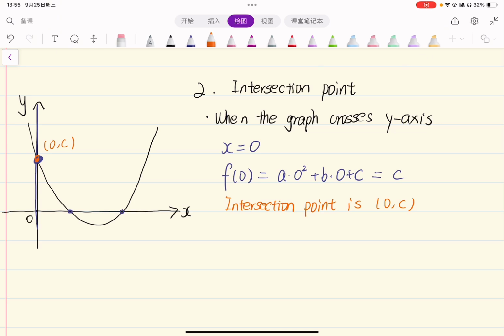Now, how about when the graph crosses the x-axis?